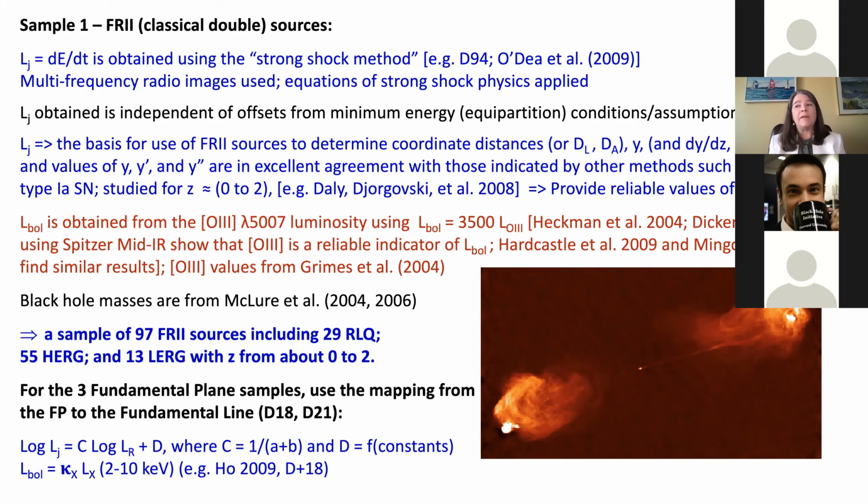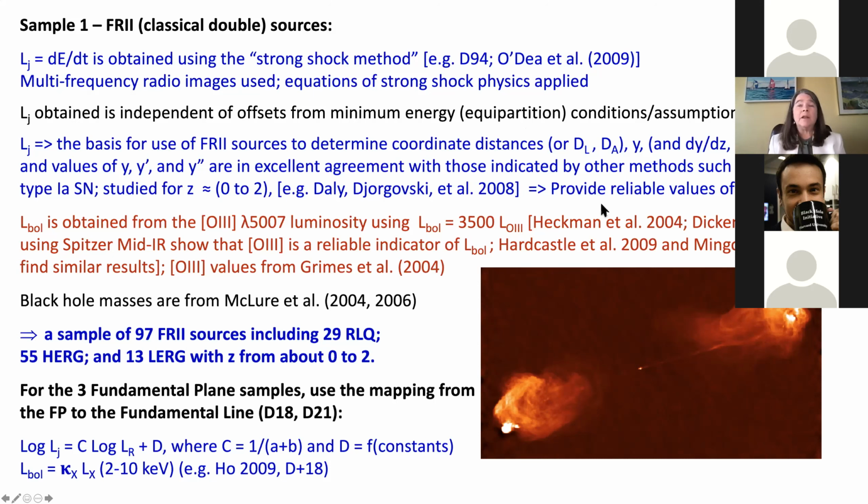The nice thing about this method is that it is independent of that assumption. When the deviations from these conditions are input, they enter into several terms, and they all cancel out. So the result is that the beam powers are very reliable.